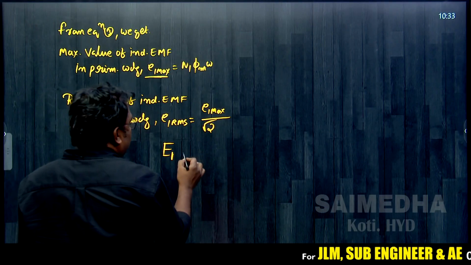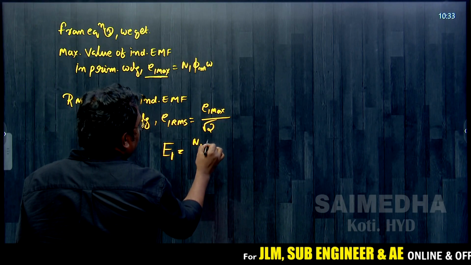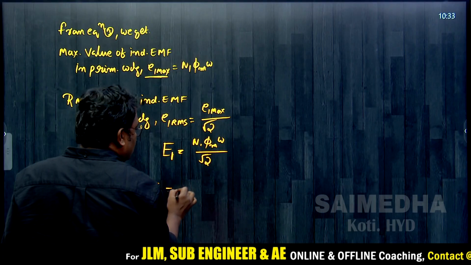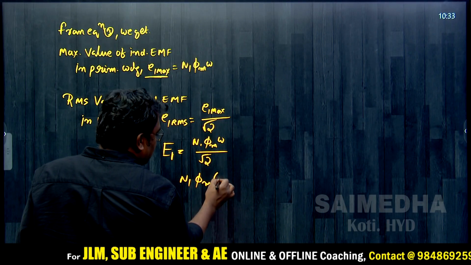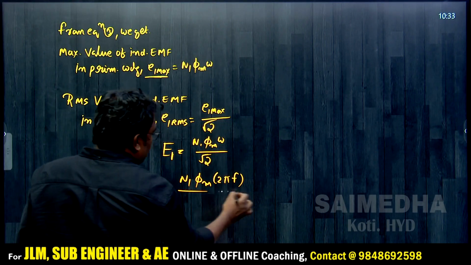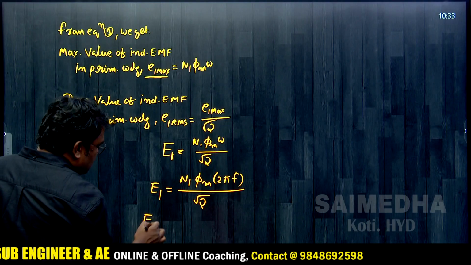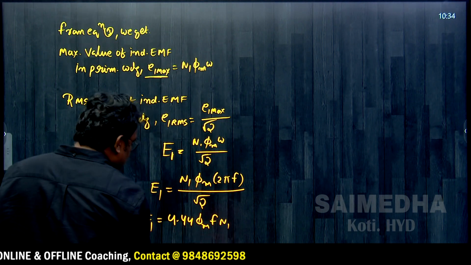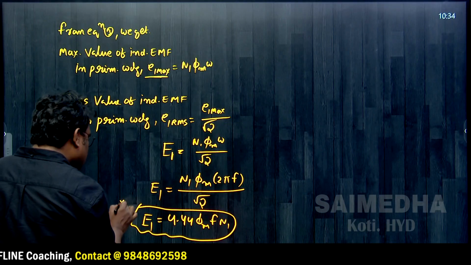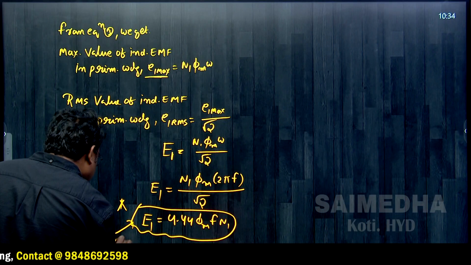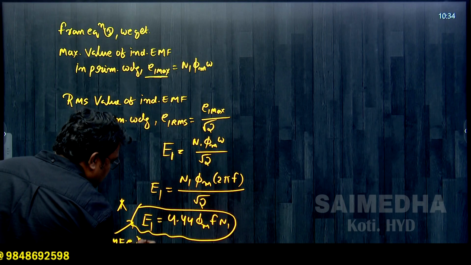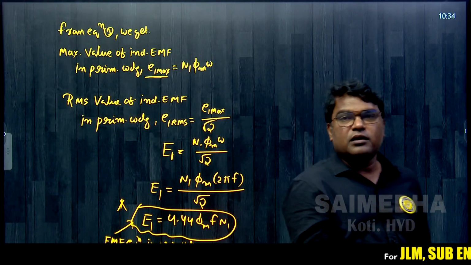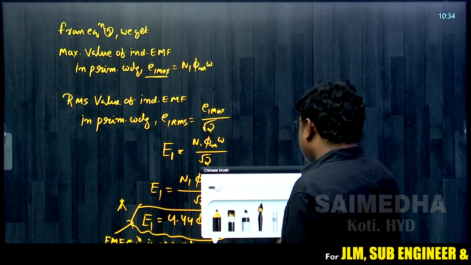So E1 is equal to N1 phi maximum omega divided by root 2. Writing omega as 2 pi f, and simplifying, E1 is equal to 4.44 phi maximum f N1. This is the EMF equation of the transformer in the primary winding.